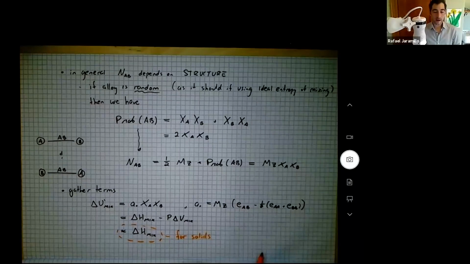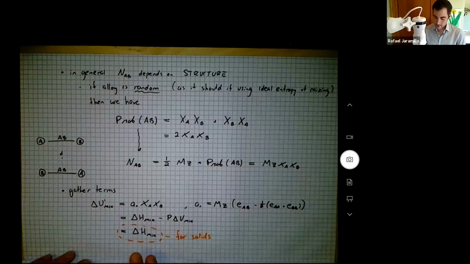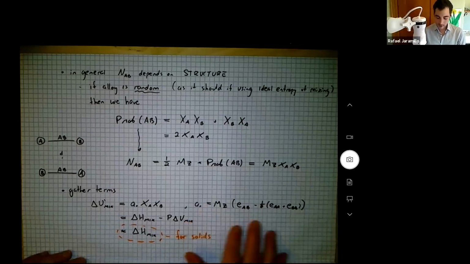This approximation is related to what you did on a couple P sets ago, which is you estimated the energy changes for changing temperature and changing pressure of solids. And you found that temperature is a much more important knob in terrestrial conditions. So anyway, you don't have to worry about this approximation so much right now. What I want to focus on is the form of this. We got this form. We got A naught XA XB.